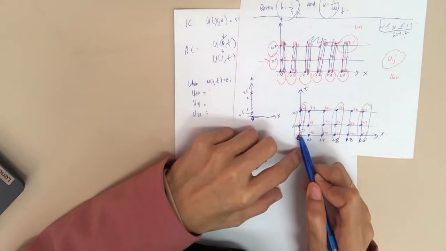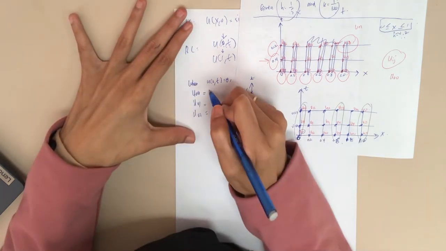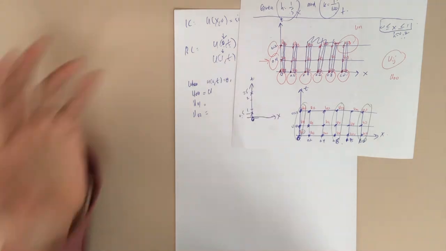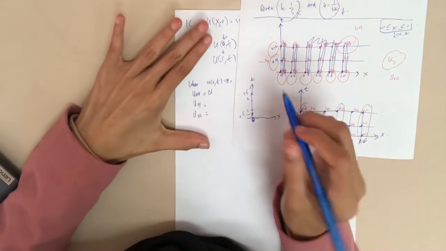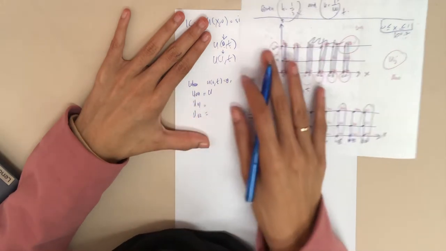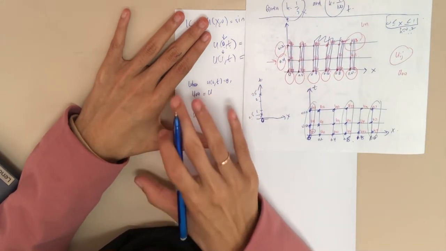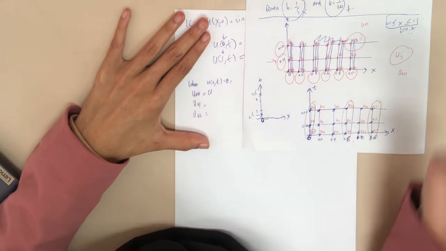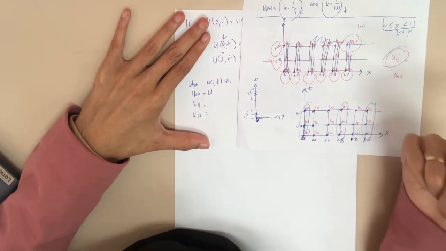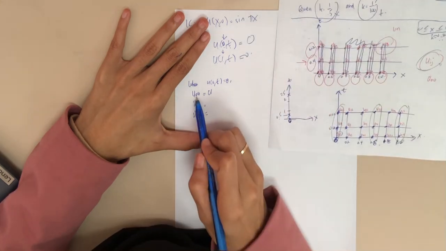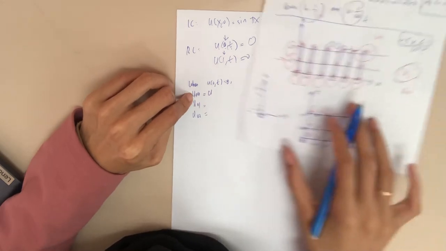Okay, U00 ni bermaksud, cara ni, you need to write it in this way also. Kena tulis juga macam ni sebab nanti you akan apply untuk formula.